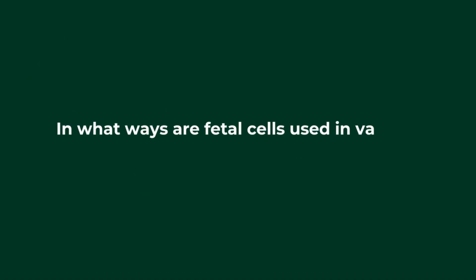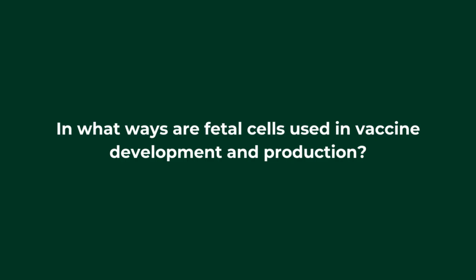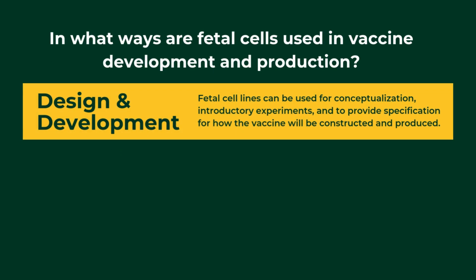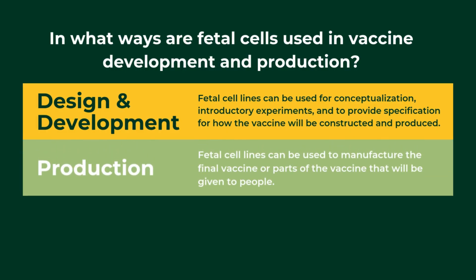In what ways are fetal cells used in vaccine development and production? Fetal cell lines can be used at different stages of vaccine development and production. The first is design and development. Fetal cell lines can be used for conceptualization, introductory experiments, and to provide specification for how the vaccine will be constructed and produced. The second is production.